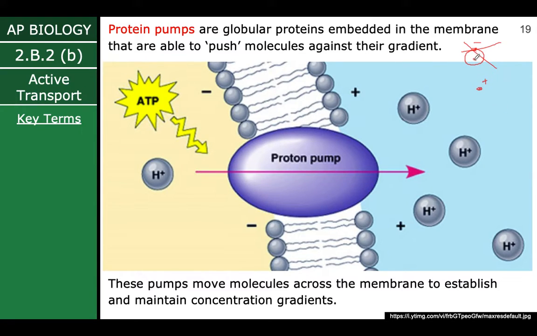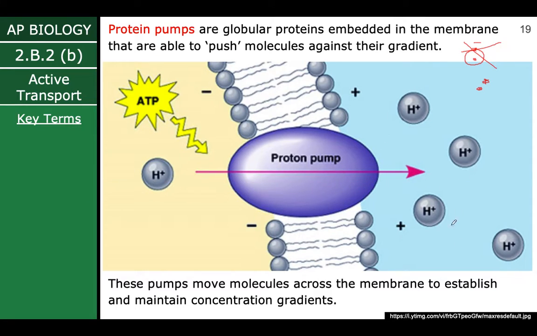And so I really only have the one thing that was on the inside and a net positive charge. That's because it's a proton. This one proton has a positive charge. Okay, so anytime you see H+, it's literally just a proton. And you kind of got to visualize an atom losing its electron to really understand that. Okay, but we're going to start seeing protons being pumped in and out.